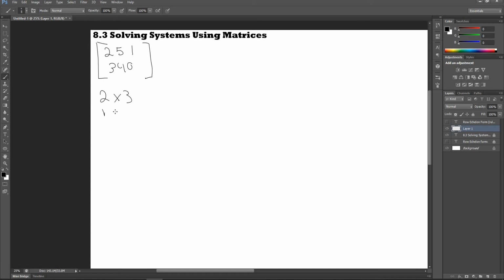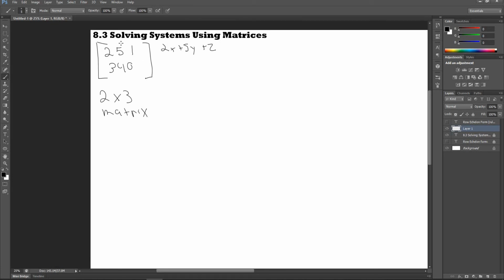So this is a 2 by 3 matrix. We note that each row represents, in this case, an expression. So this would be 2x plus 5y plus z. I do not say an equation because there's no vertical line for the augmented matrix.